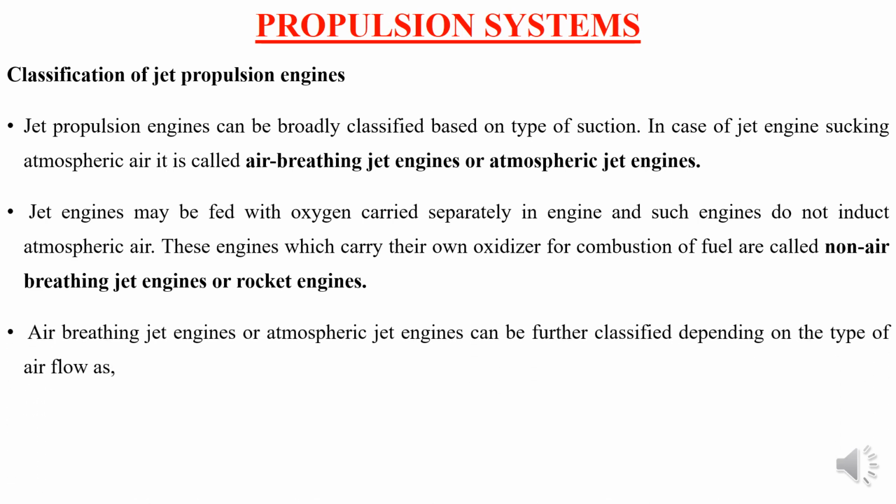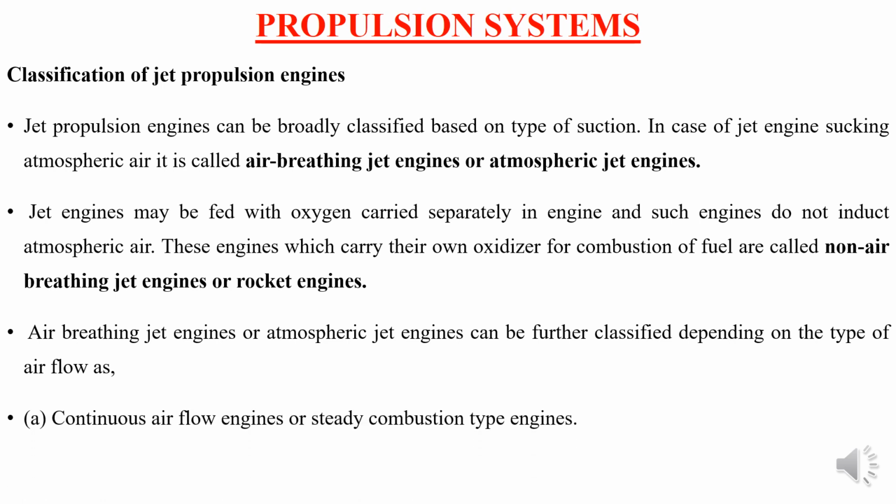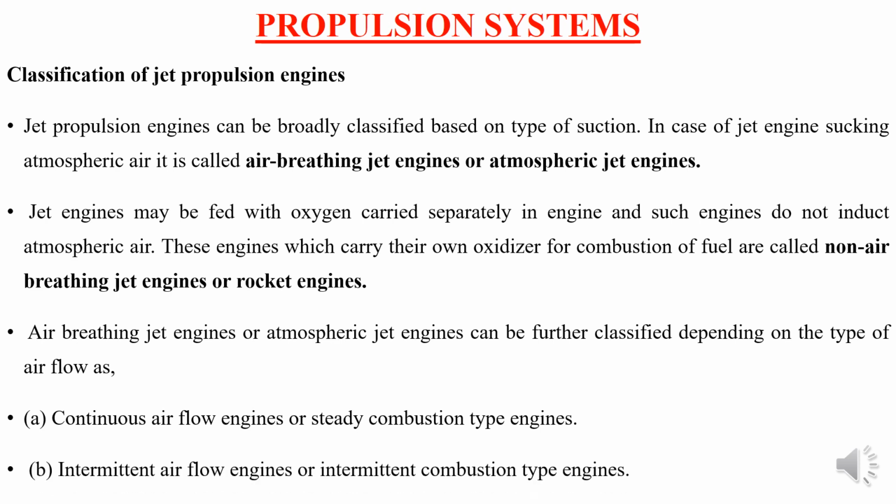This is further classified into several types. Air breathing engines are of the continuous type and the intermittent airflow type. Continuous means it is continuously sucking the air from the atmosphere, whereas in the intermittent type, whenever it is required, it takes from the atmosphere.